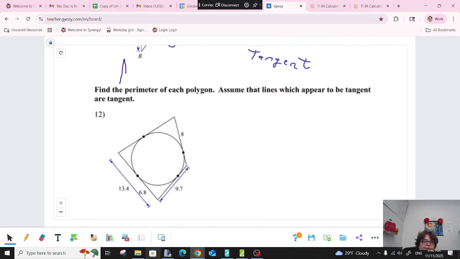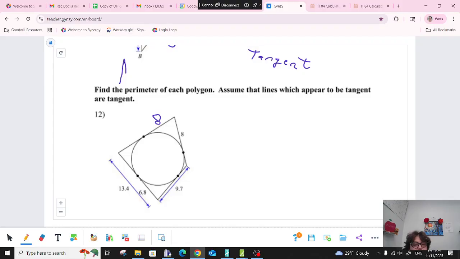Okay, to find the perimeter, you cannot just divide by 2 on these. You have to actually walk around to find the missing pieces. We can find this one fairly easily. If this is 8, what's this over here? This one's 8.